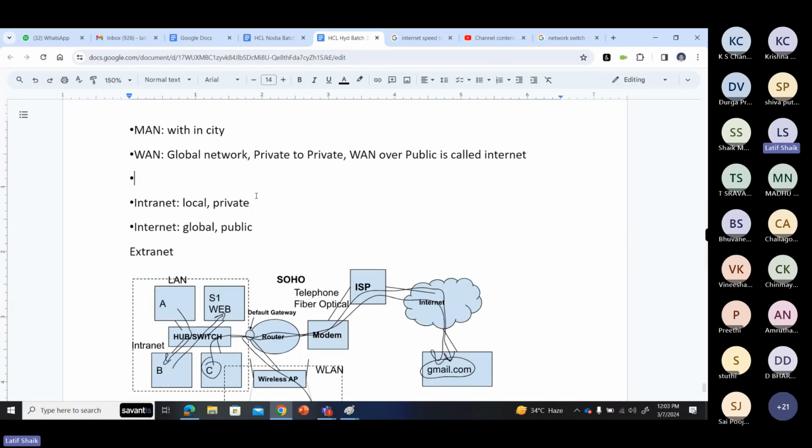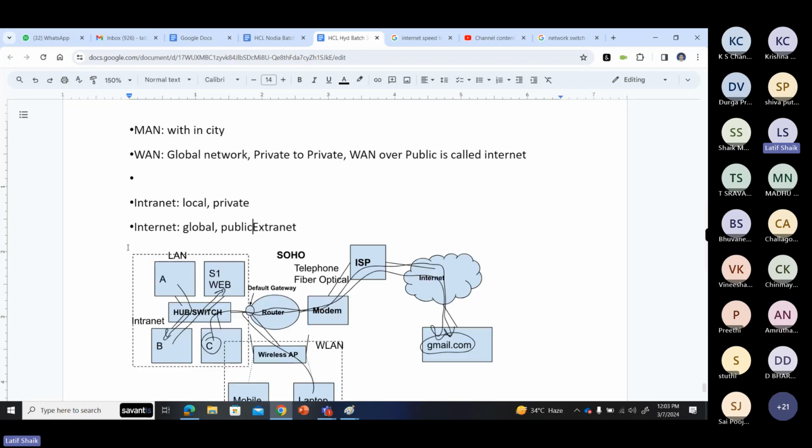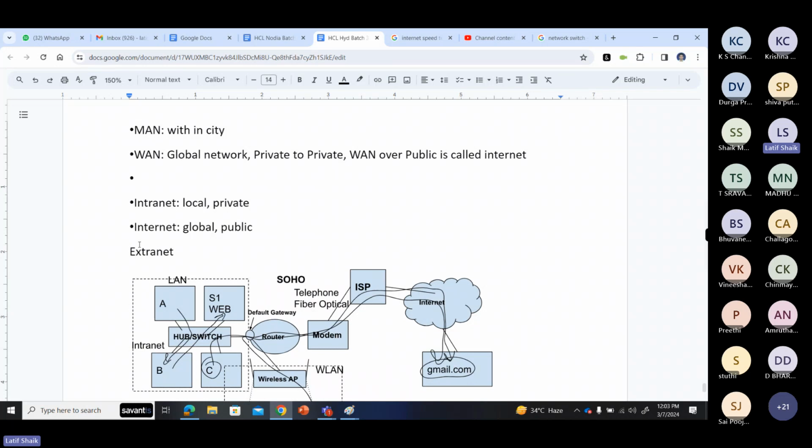Here is a point. What is intranet? What is internet? What is extranet?